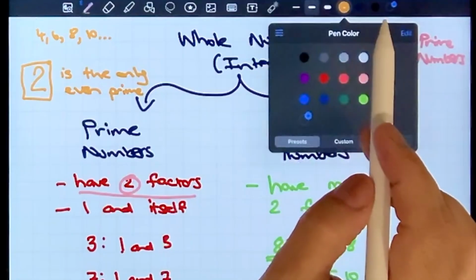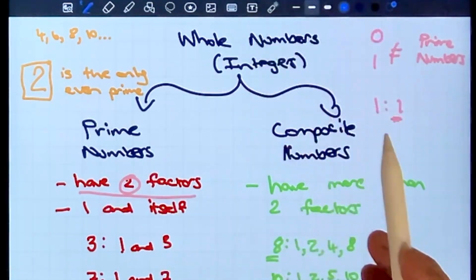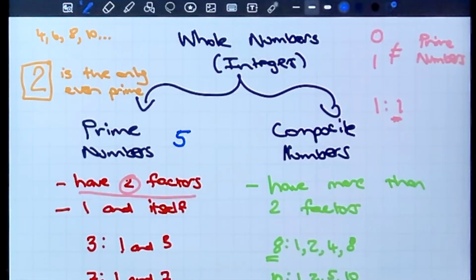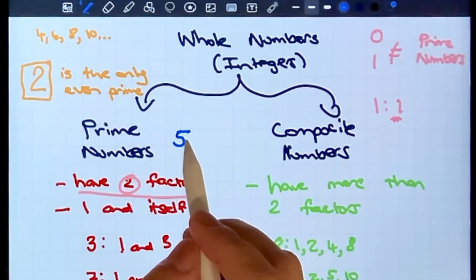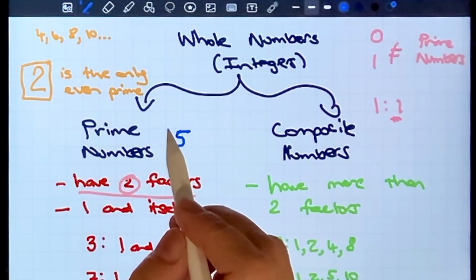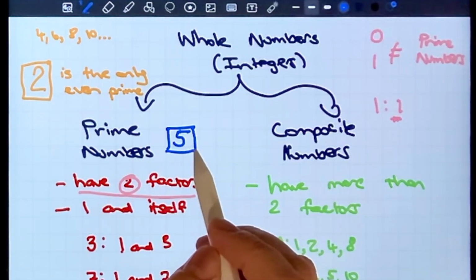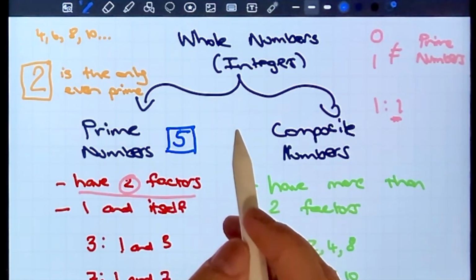Another prime number that is interesting to talk about is the number 5. So 5 is the only prime number that ends in 5.